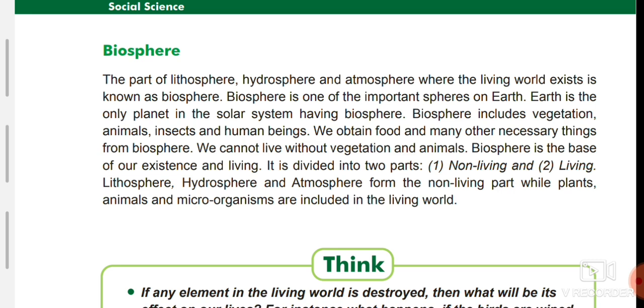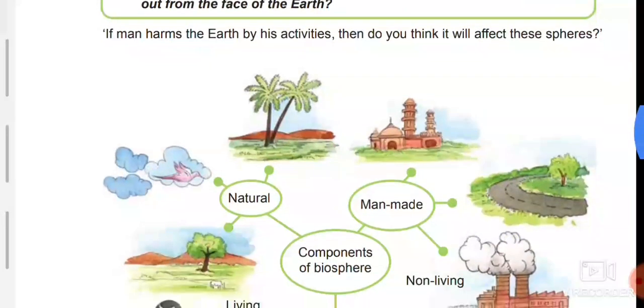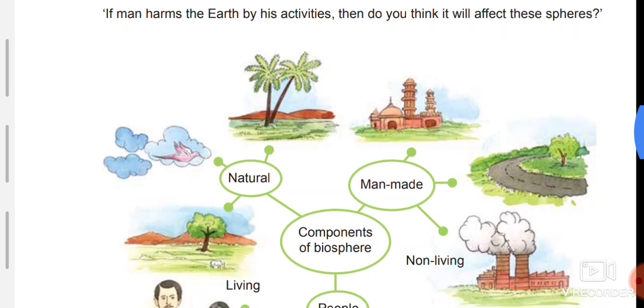Obviously yes. लिथोस्फियर यानी कि माउंटेन्स हैं, रॉक्स हैं, लैंड, प्लेटूज, ये सब नॉन लिविंग थिंग हैं. हाइड्रोस्फियर वाटर है, लिक्विड्स हैं, उनके सारे फॉर्म नॉन लिविंग हैं. एटमॉस्फियर एयर, गैसेस वगैरह नॉन लिविंग हैं. But if you talk about plants and animals and microorganisms, these are the living part of the world. If man harms the earth by his activities, then do you think it will affect the spheres?